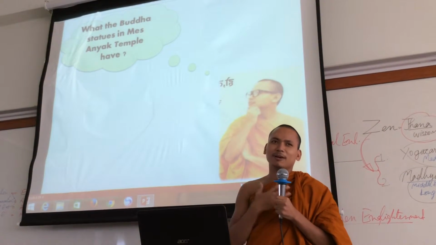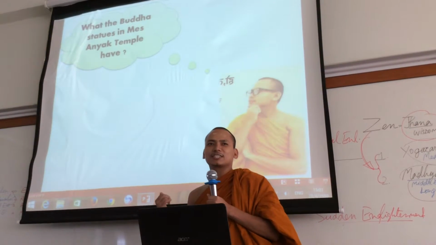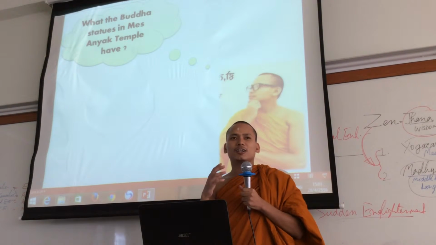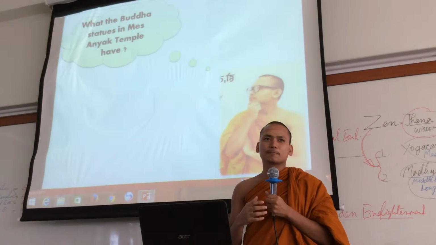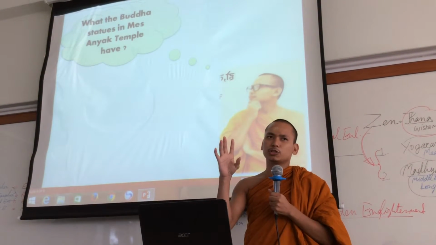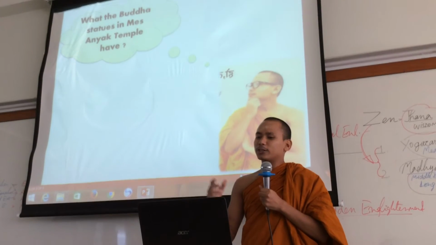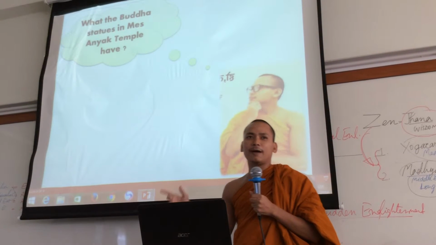And then subjectivism. I like subjectivism so much. And formalism. I like two things, subjectivism and formalism. So I will say what the Buddha statue in this Anyak temple has.